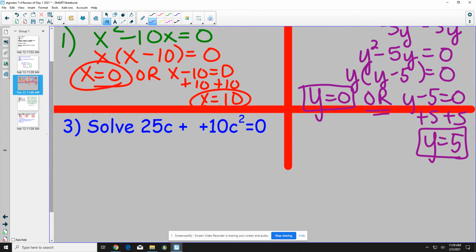All right, number 3, 25c plus 10c squared equals 0. We just got an extra plus sign. Don't worry about that one. Okay, so this one is set equal to 0. What goes into 25c that also goes into 10c squared?